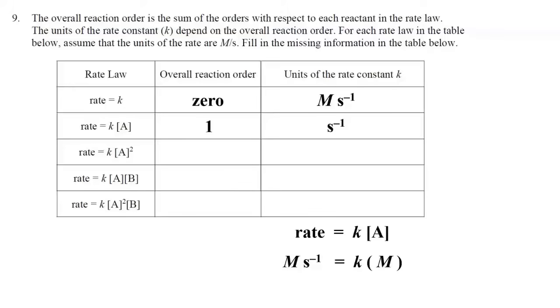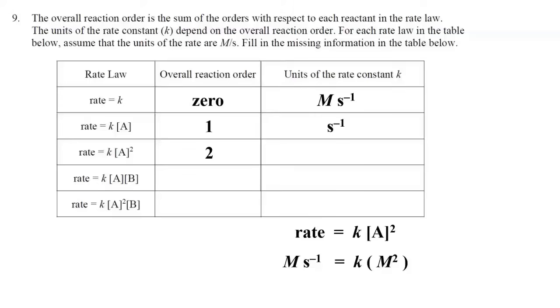Okay, let's take a look at our next example. It is concentration of A raised to the second power. So the rate equals K times the concentration of A raised to the second power. That would be second order overall. Let's see what happens to the units of our rate constant. On the left side of the equation, we still have the rate as molarity per second. But notice that now I have K times the concentration squared.